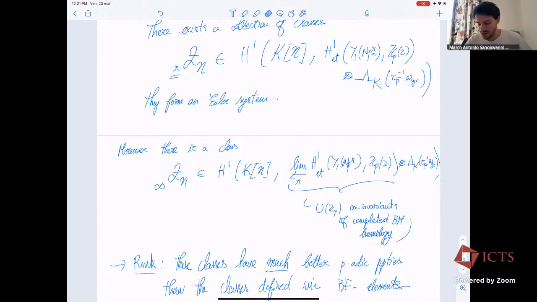Now, in the case where you're not ordinary, this Euler system is for the full cohomology, really. There are versions of the p-adic L-functions, but they're not integral.